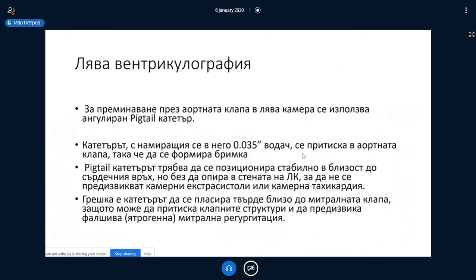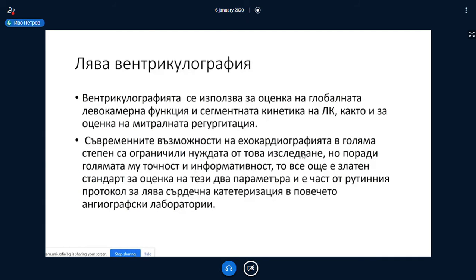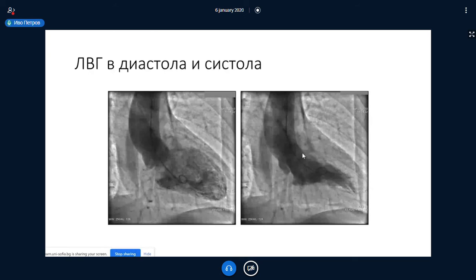patient, I will show now the left ventriculography also, because the coronary angio is in fact a complex invasive diagnostic of the heart, including not only coronary angio but also left ventriculography.